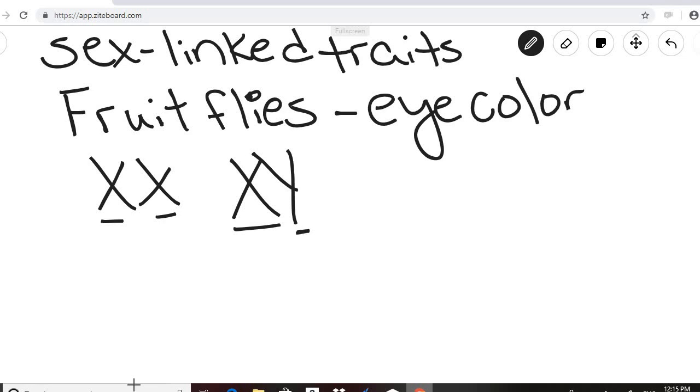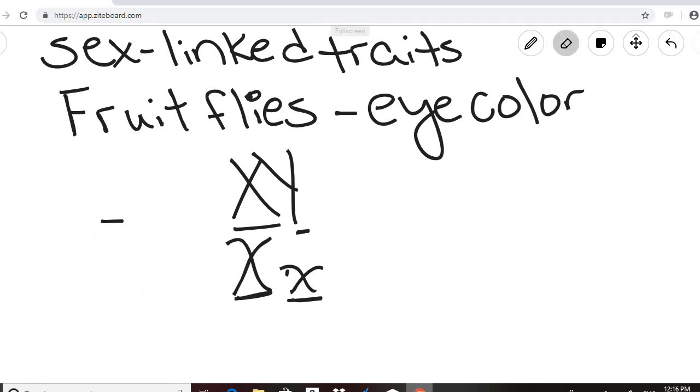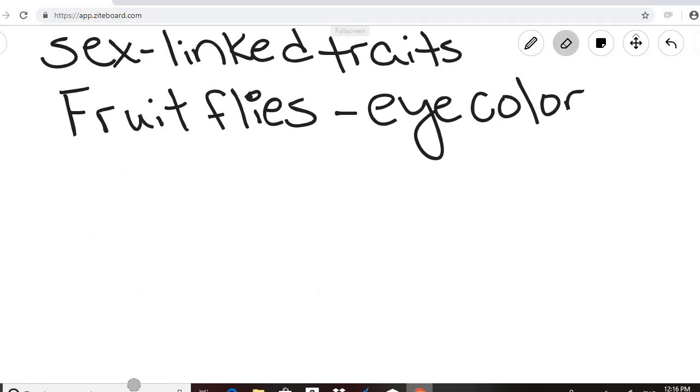So if we were to look at a pair of X chromosomes, they would look like that. So for a female, the chromosomes would look like that. For a male, the X would be that size, but then the Y chromosome is smaller. So because the Y chromosome is smaller, it can't carry as many alleles or as many genes on it. Because of that, there are some traits that can only exist on the X chromosome. And in fruit flies, one of those is eye color.